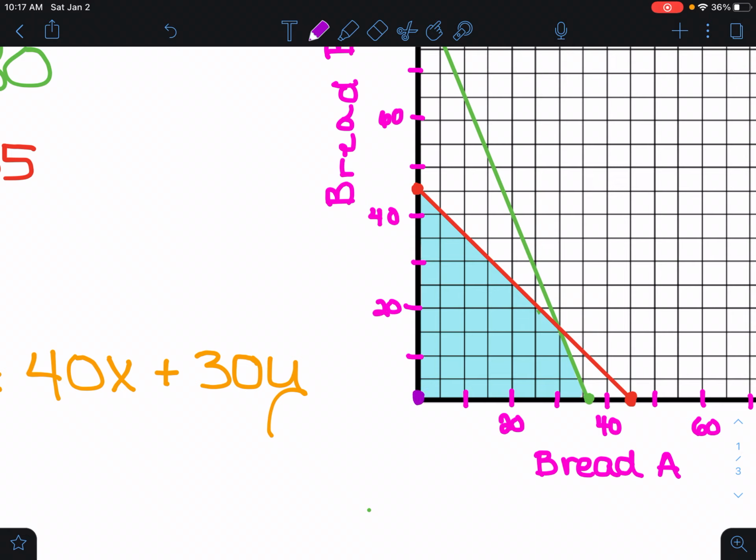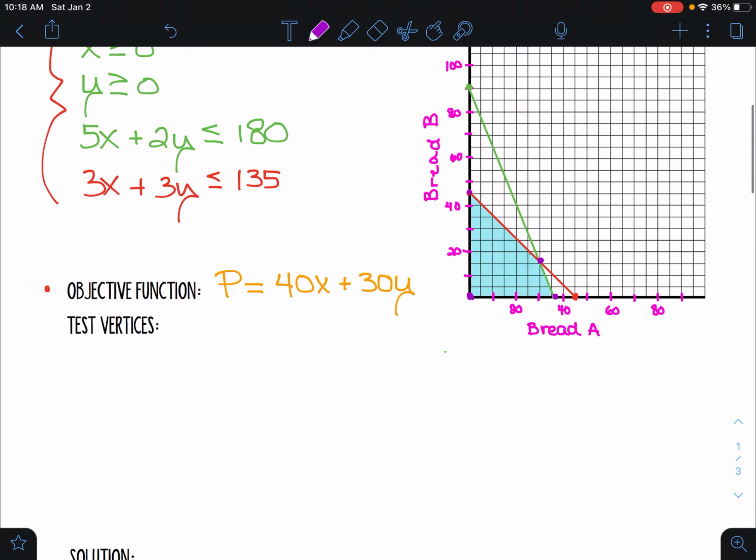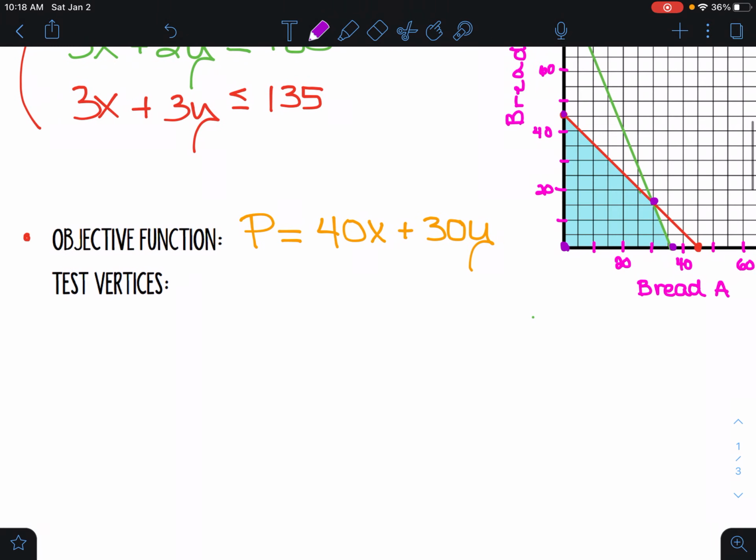So that would be this point right here, this point right here, that one right there, and then this one. Okay, so here we go. We're going to write our test vertices. So this one right here is 0, 0.